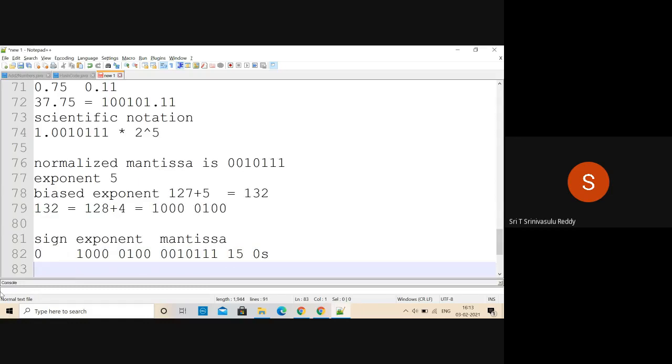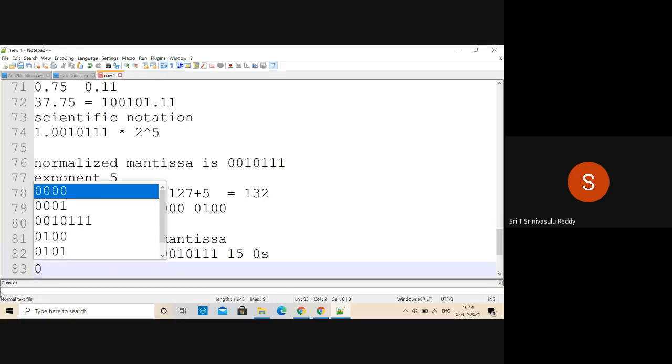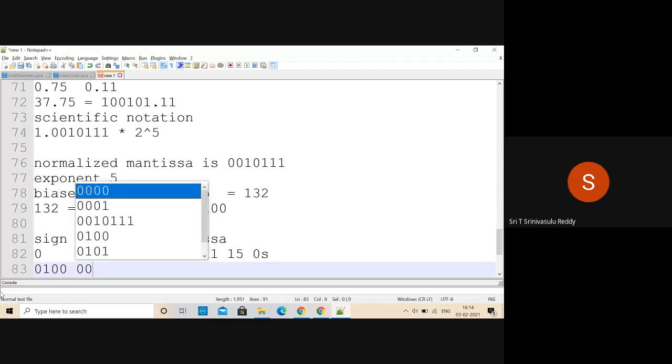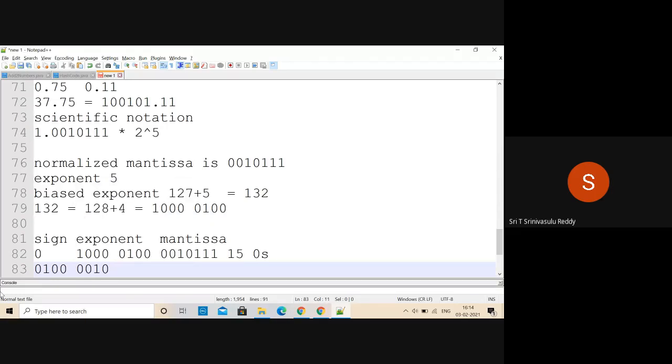Same thing, better to represent in groups of 4. Then it becomes easy for us to understand. Groups of 4, how will it become? 0, 1, 0, 0 is the first group. 0, 0, 1, 0 is the next group. 0, 0, 0, 1 is the next group.